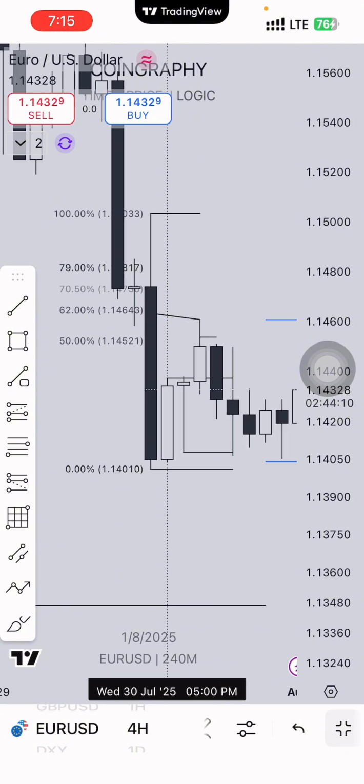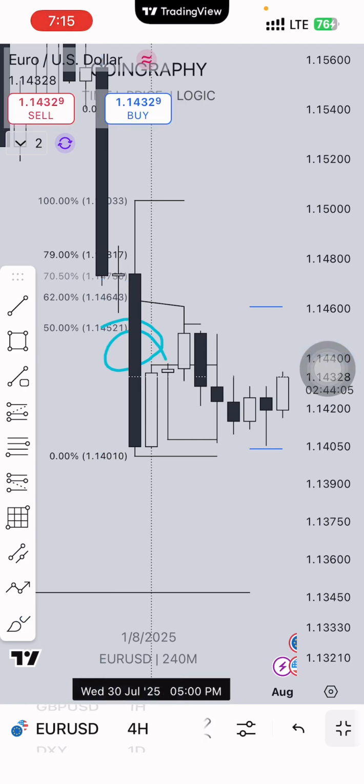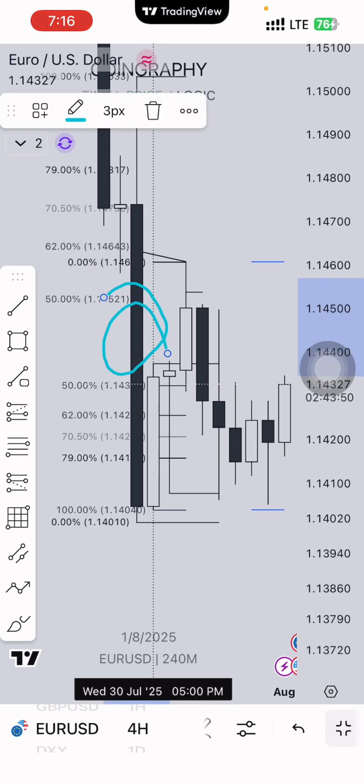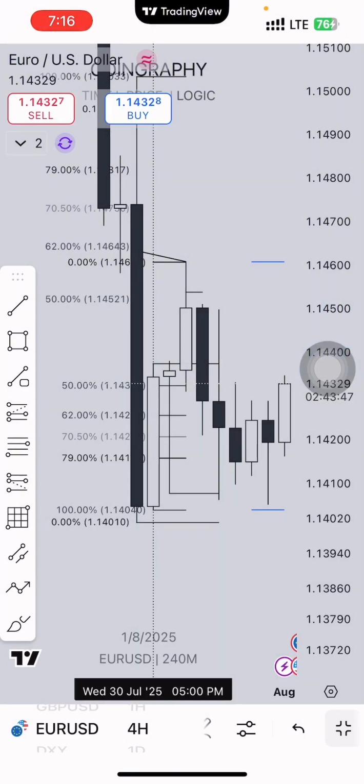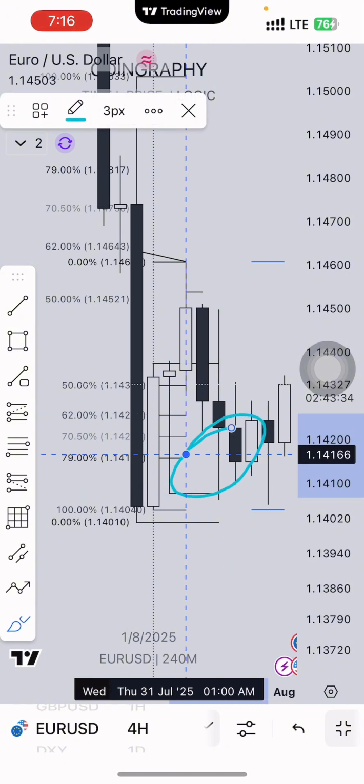What do I mean by that? Now, we have this key level, and then we also have an opposing daily range. So based on the knowledge of daily ranges, we're expecting price to tap into the discount of the range of this sell expansion swing, and then move into the premium of this range to move higher.